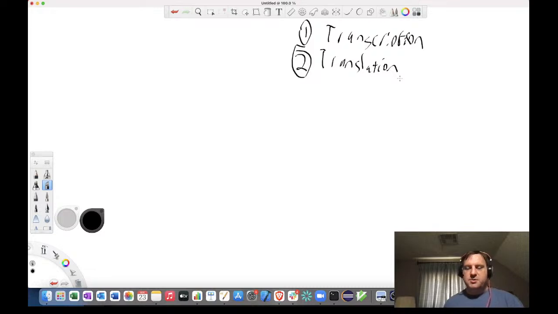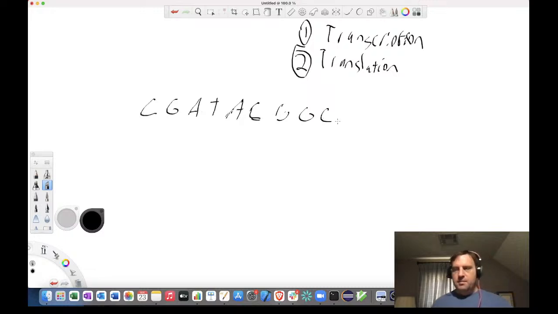Okay, so transcription is where you have DNA, and again, I'll just make up a sequence. C, G, A, T, A, C, G, G, C. Okay, so this is 5', this is 3'.